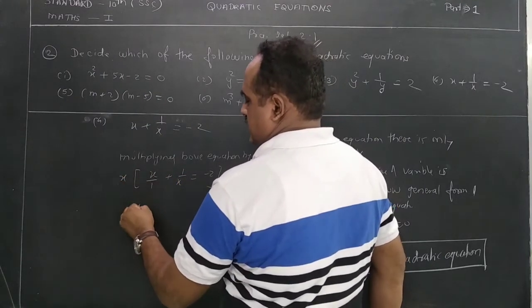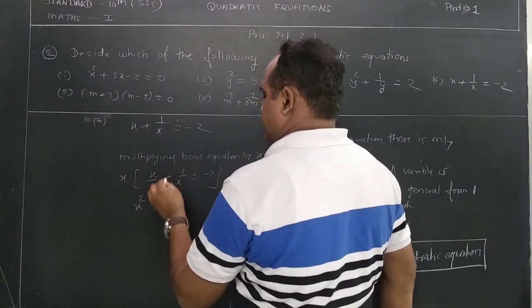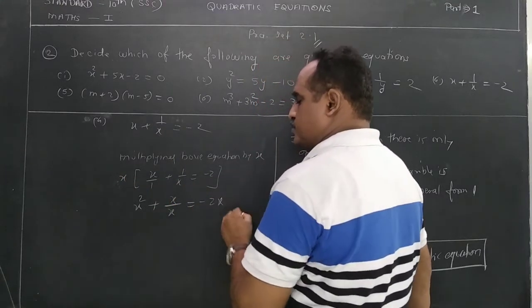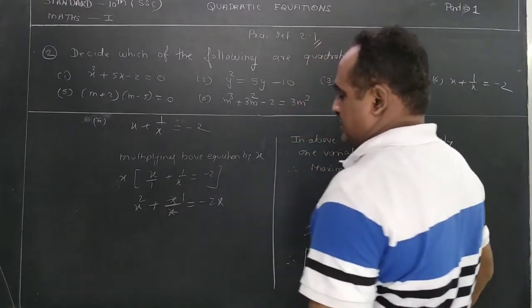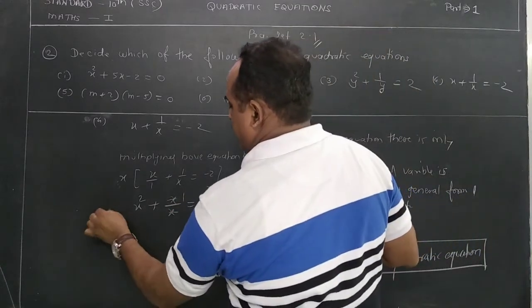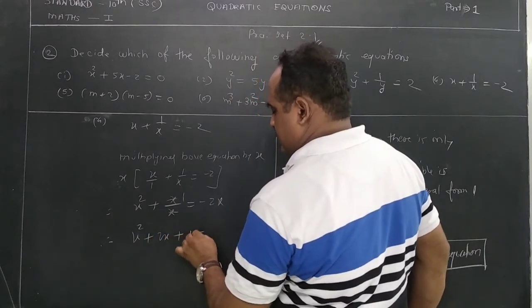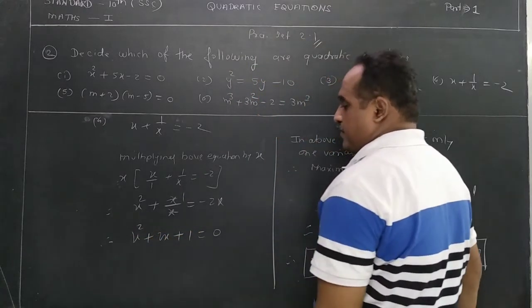Listen to this. x square plus x into 1 upon x is 1, and x into minus 2 is minus 2x. So what will happen now? Therefore, x square plus 2x plus 1 is equal to 0.